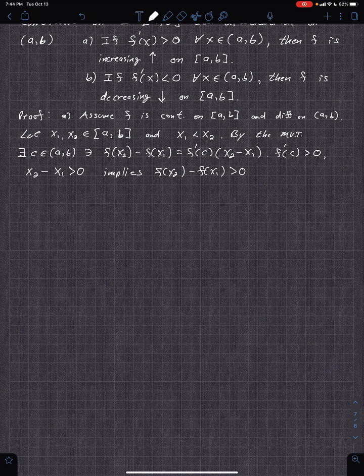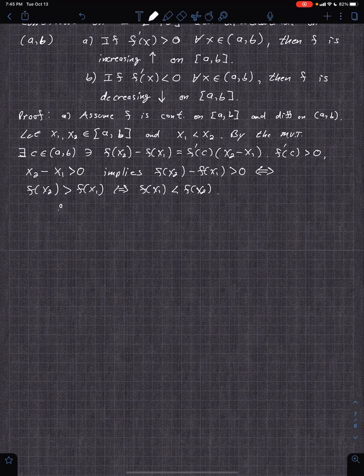Okay, if that's true, then that's equivalent to saying f of x2 is greater than f of x1. Or just flipping that around, f of x1 is less than f of x2. And that, by definition, implies it's increasing. And that's pretty much it.